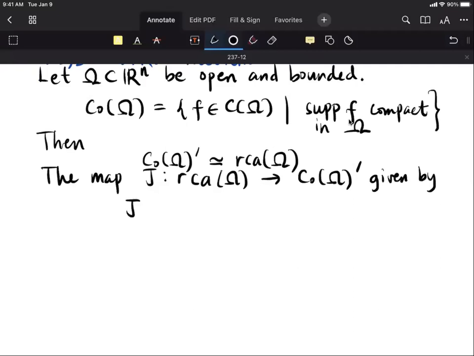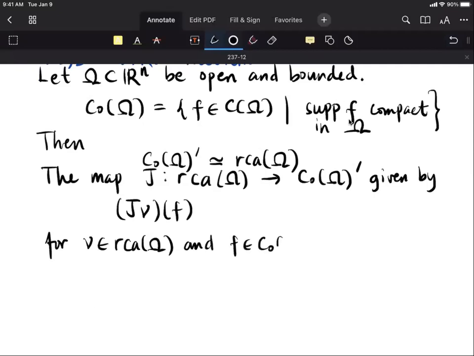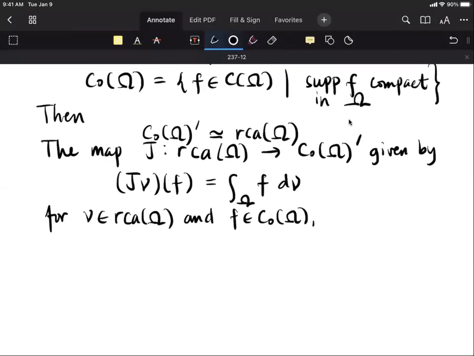So again, the map J is defined in this way. But now F is in C naught omega. So the same definition for J, but you need to replace the function F and then the domain K by omega. So again, this is an isometric isomorphism.